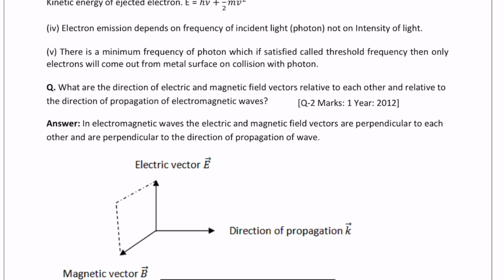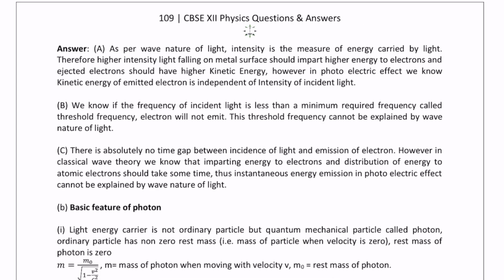So as per the wave nature of light, intensity is the measure of energy carried by light. Therefore, higher intensity light falling on a metal surface should impart higher energy to electrons and electrons get ejected, okay, having higher kinetic energy. However, in the photoelectric effect, we know that the kinetic energy of the emitted electron is independent of the intensity of light. It depends on the threshold frequency, that is phi 0. So if it satisfies the frequency, then only the photoelectron gets emitted from the metal plate.